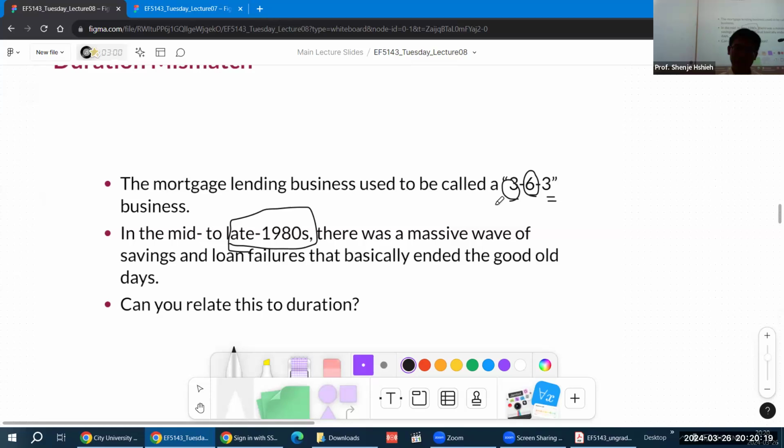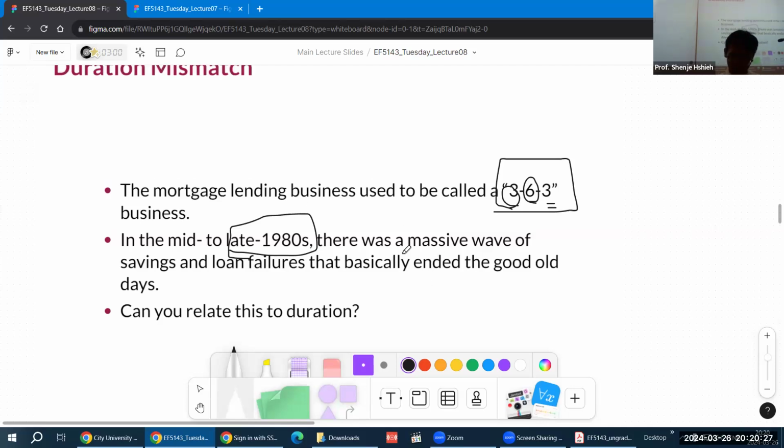But this became problematic because, as you probably remember, inflation was a huge issue, and interest rates rose from about 3% to 9.5%, all the way to 12%. Okay, so imagine going from 3 to this much.